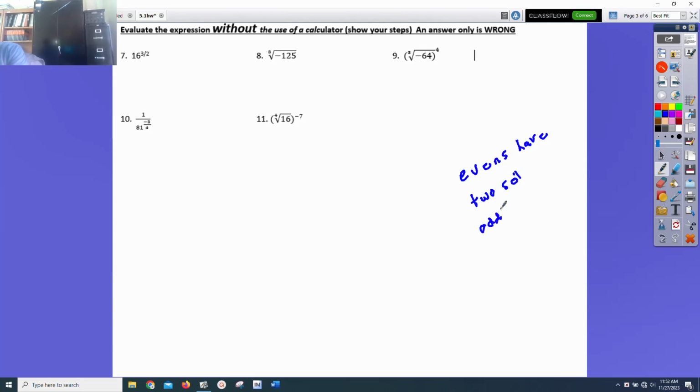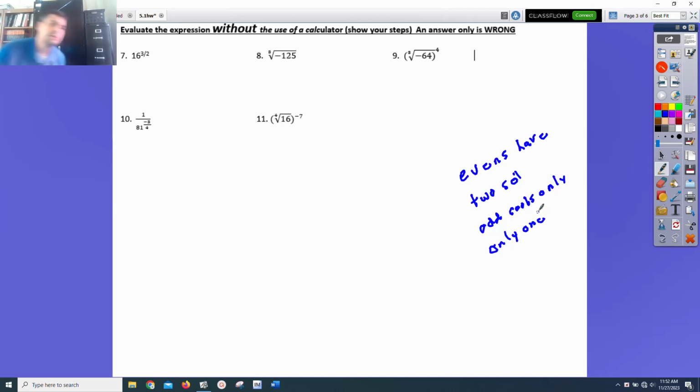Odd roots, doesn't matter if I go fast or slow, only 1.